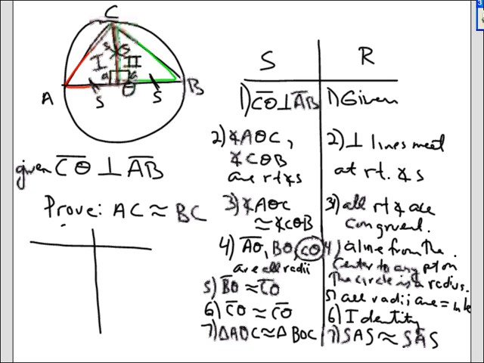And if I may, I'll finish up the statement reasons here. So now I can just say that AC is congruent to BC if they are corresponding. And here, they're both opposite the right angle. They are not the side that has the slash or the X. It's that remaining side. Those correspond.